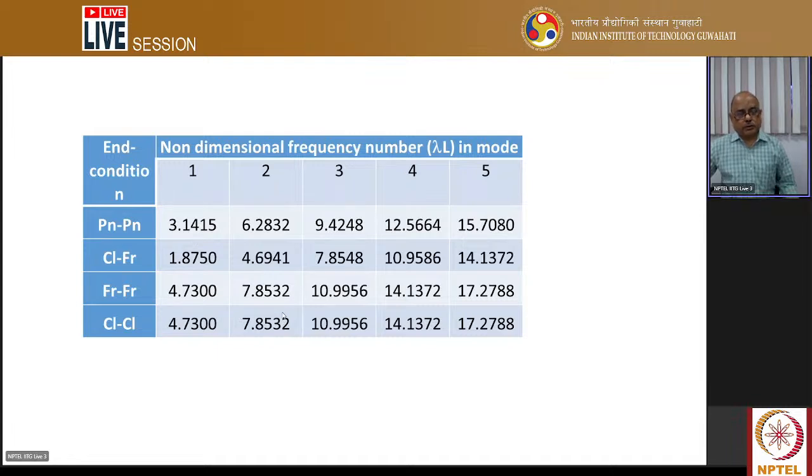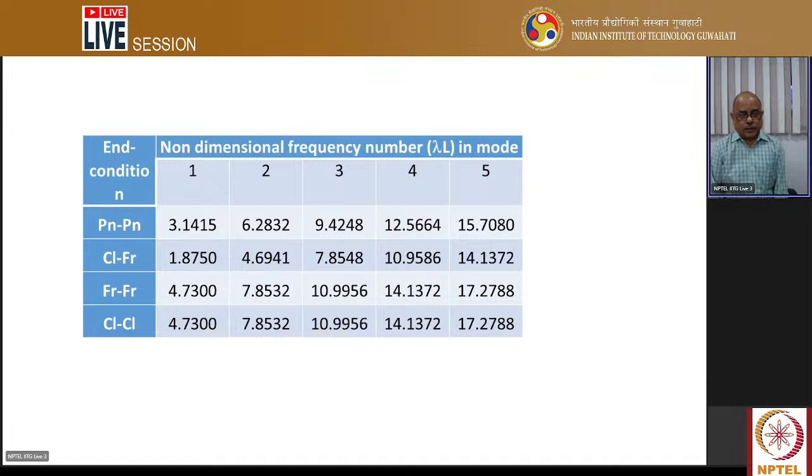Now, what will we do with this frequency? Natural frequency is a very important parameter in dynamic analysis, because it helps us understand the resonance phenomenon and design the structure to be away from resonance when it is excited by possible sources.